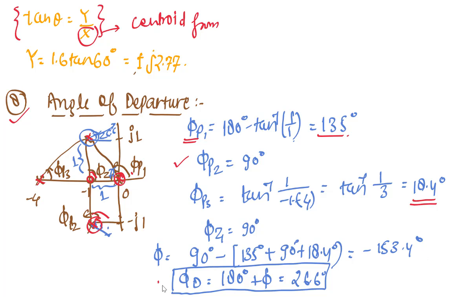The angle of departure would be 180 plus phi, that is 26.6. So for this pole the angle of departure is 26.6, which means the root locus will follow this path at an angle of 26.6. Similarly in the negative direction it will be minus 26.6, and the conjugate pole will get on this track.